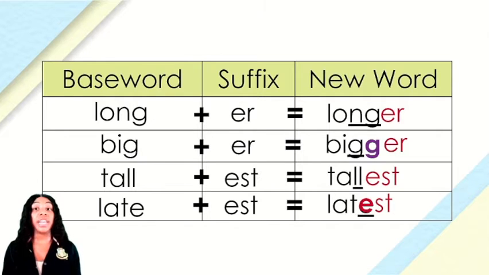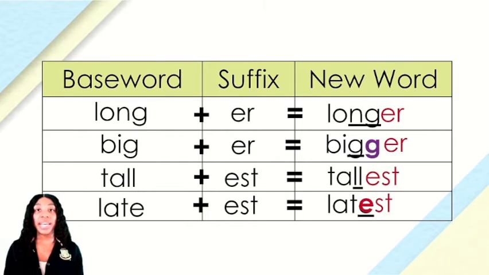That's because there is already an E before the suffix. Since the suffix starts with the letter E, there is no need for two E's. How did our suffix change the meaning of our base word? It now means something that is the most late. Great work, friends.